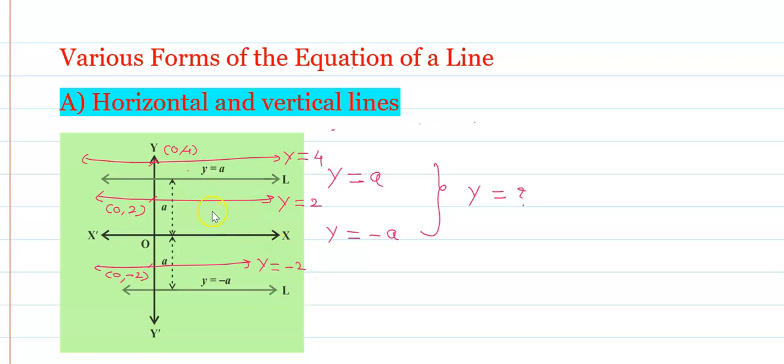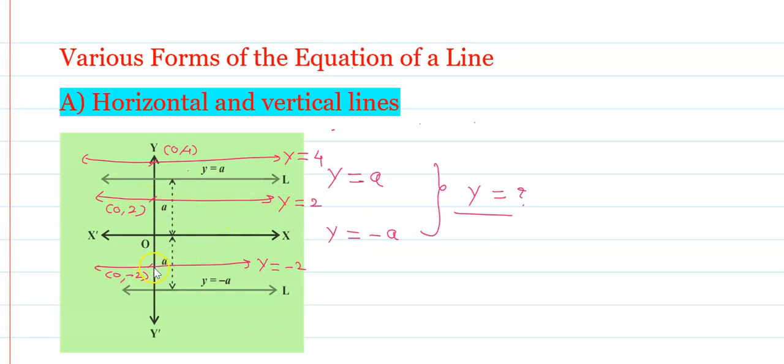What you have to remember: when a line is parallel to the x-axis, its equation is always y equals question mark, meaning where it intersects the y-axis. Here the line intersects the y-axis at 4, and therefore its equation is y equals 4. Here it intersects at (0, 2), the y coordinate is 2, and therefore its equation is y equals 2.